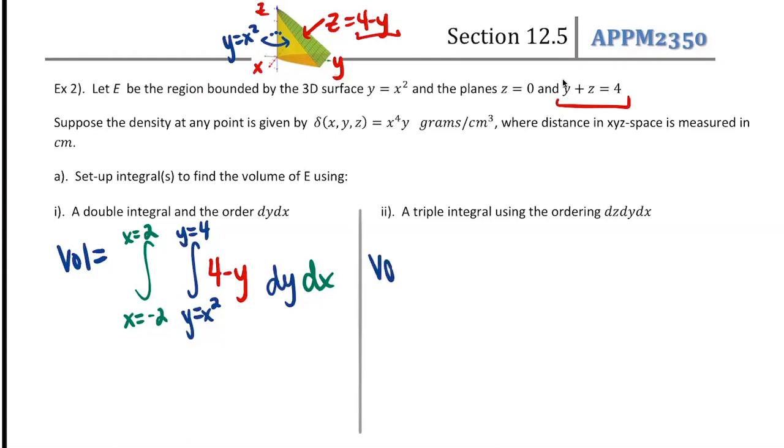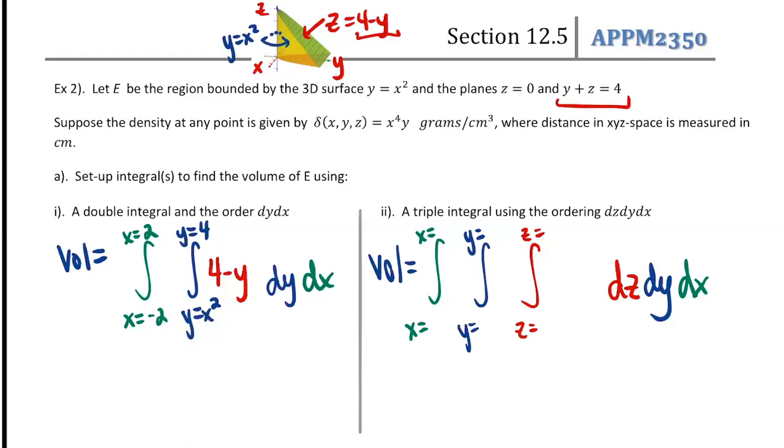So now for the triple integral, recall what it means when we're using a triple integral is that we're chopping up this region into these little rectangular boxes anywhere inside here. And the volume of one of those little boxes is dz, dy, dx.